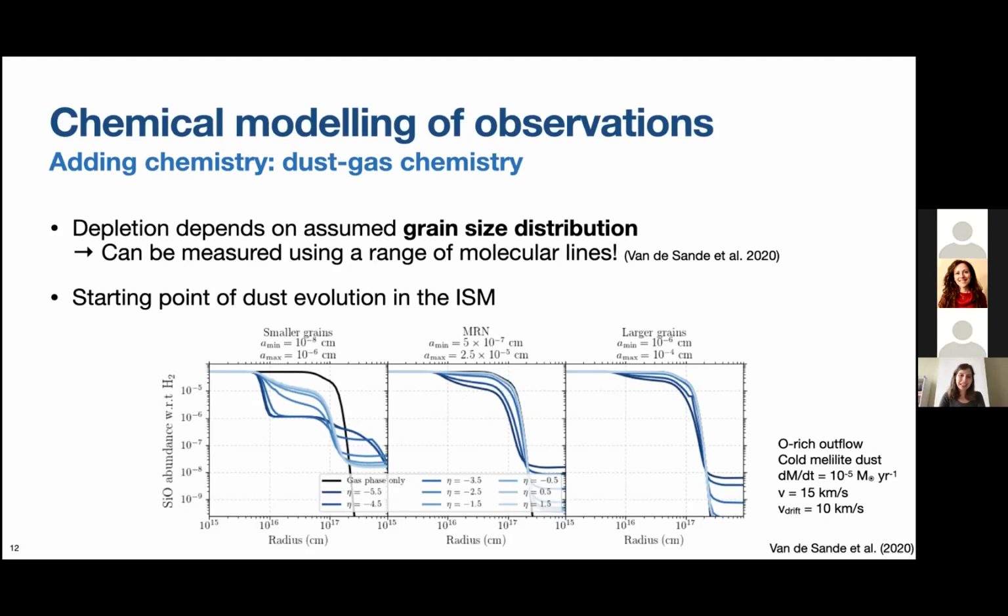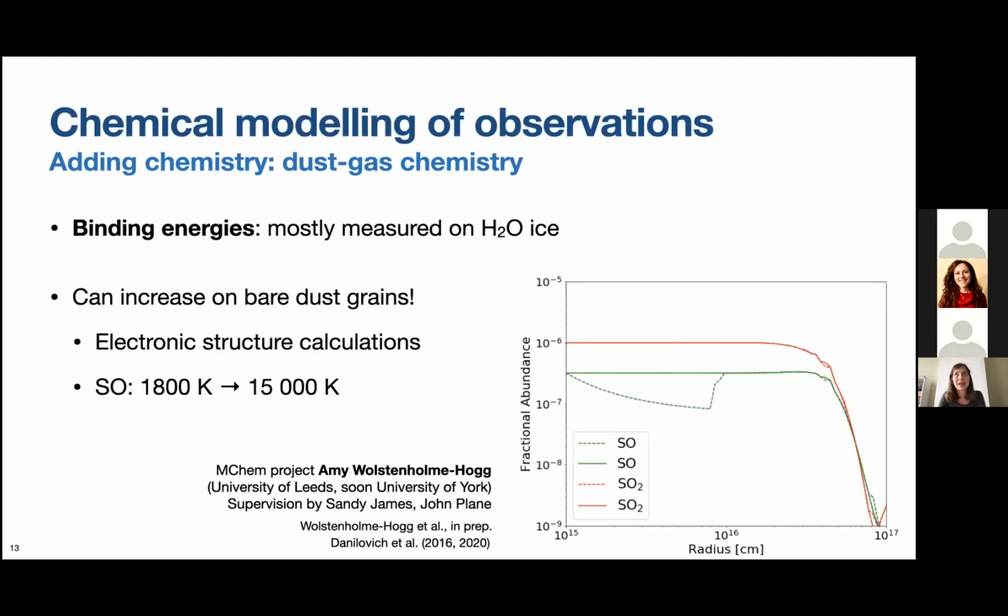Now, if you add new chemistry, you also add new problems. The binding energies that play such a large role have mostly been measured on water ice, because that's the case in dark clouds, and most of the experiments have been geared towards dark clouds so far. But the binding energy depends on the surface to which the molecule binds, and the binding energy can increase if the dust grain is bare.